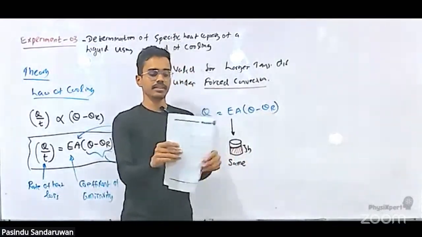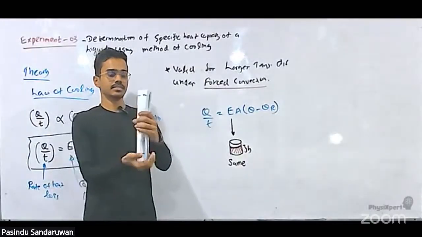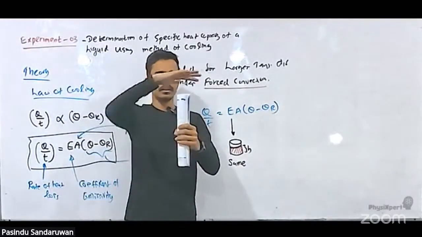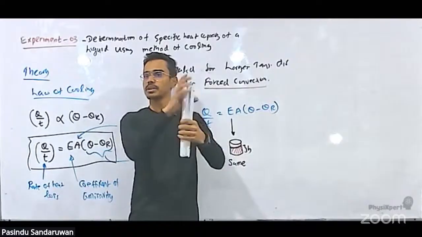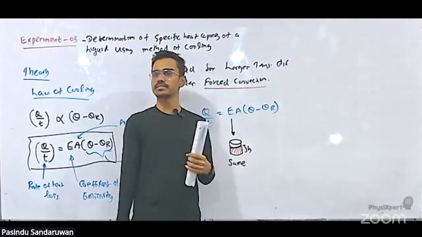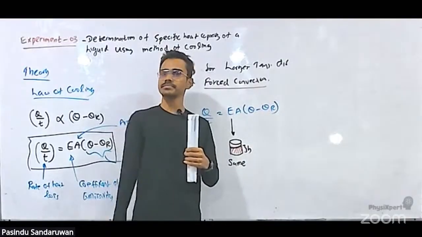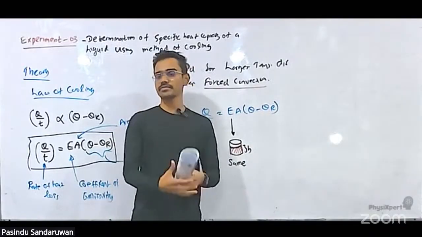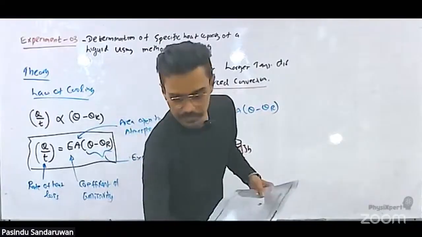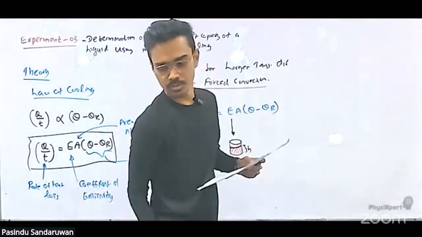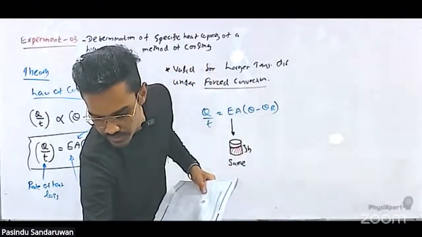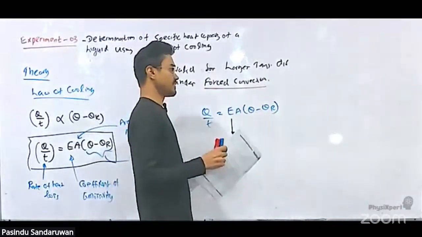When the liquid is like this, assume this has a liquid column; all this surface is open to atmosphere. That is the total area of the liquid. To keep it constant, it is filled up to the same height.